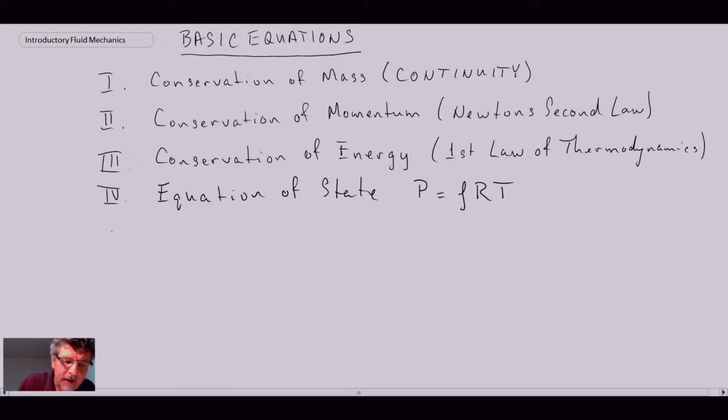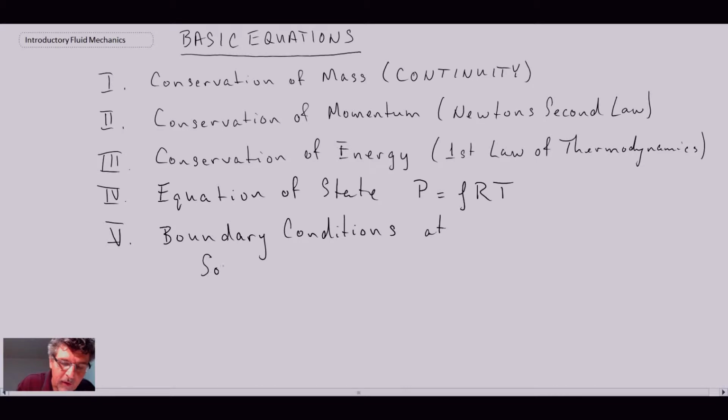And finally, what we have here is we have to apply boundary conditions. We already talked about the no slip or no temperature jump, but boundary conditions are also important. And the boundary conditions apply at any of the surfaces or interfaces for the domains that we're studying.